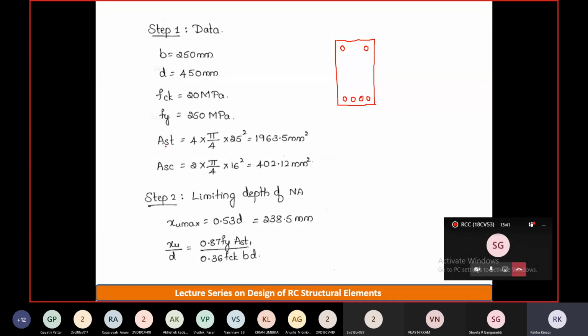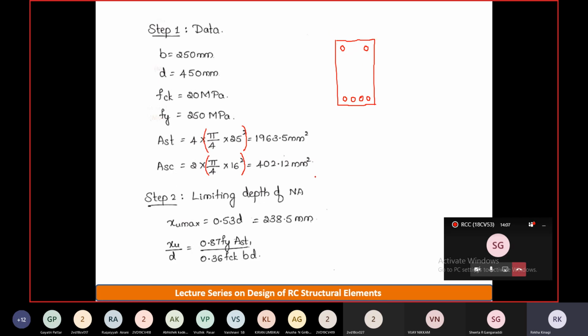here AST is being calculated as 4 times the cross sectional area of 1 bar, that is pi by 4 into 25 square, and ASC is twice pi by 4 into 16 square, because 16 is the diameter of the compression steel, and twice because there are 2 bars in the compression zone.